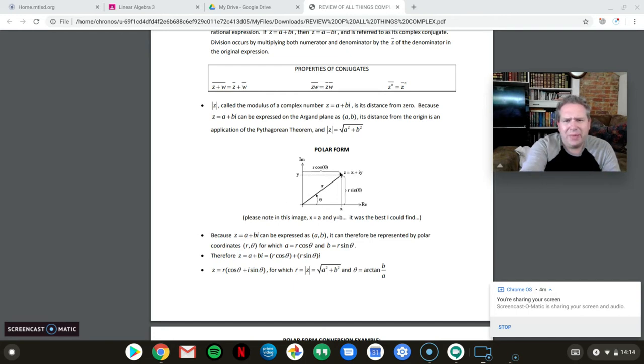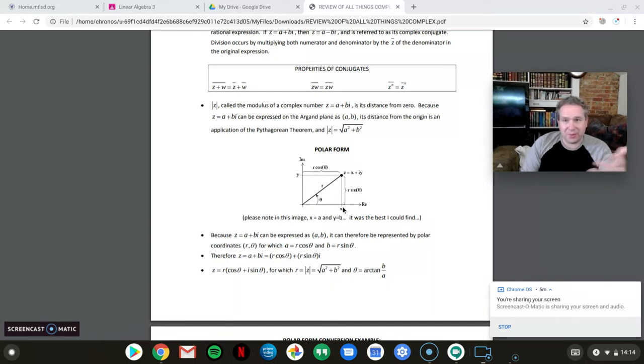Each complex number here, our x-axis would be our real component, and our y-axis would be our imaginary component. So you have basically a distance from zero for the real part, a distance from zero for the imaginary part going up here. And so this modulus is basically the hypotenuse of this right triangle that would be formed there.